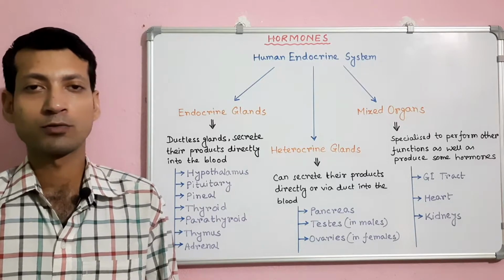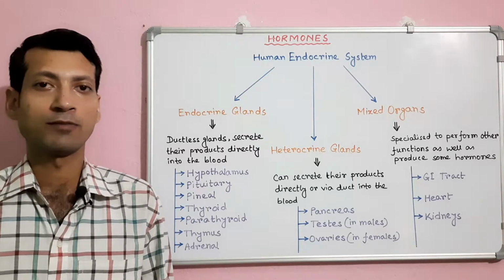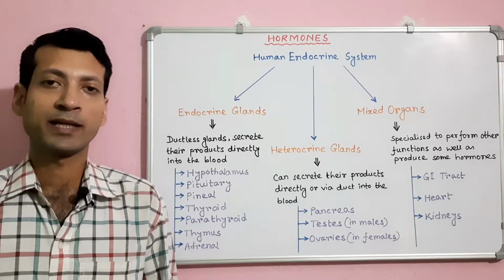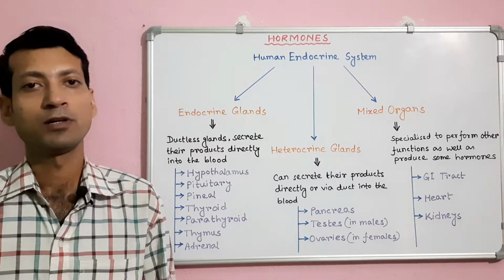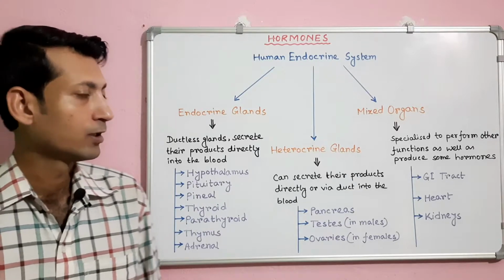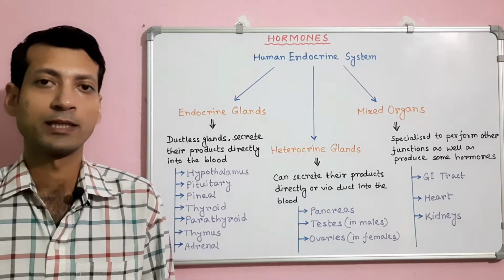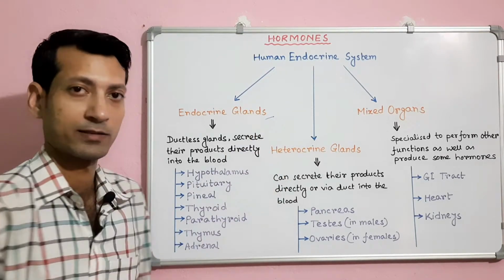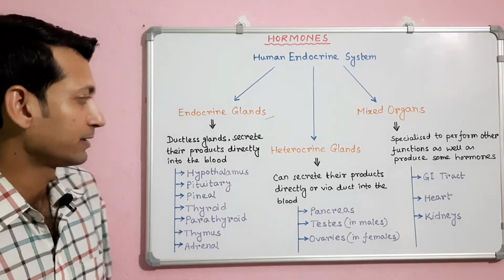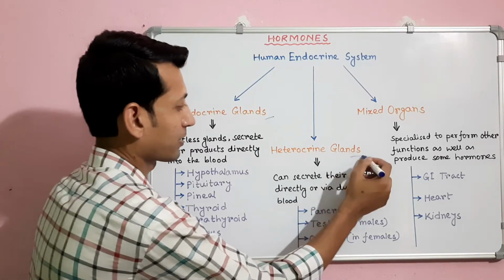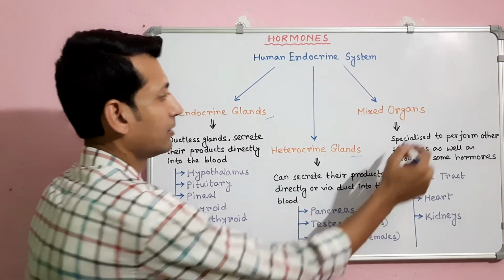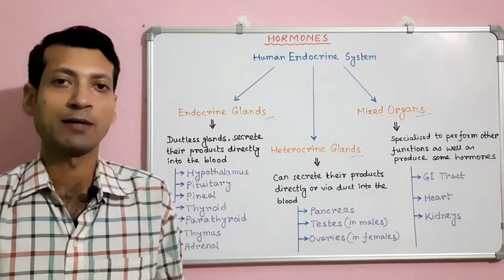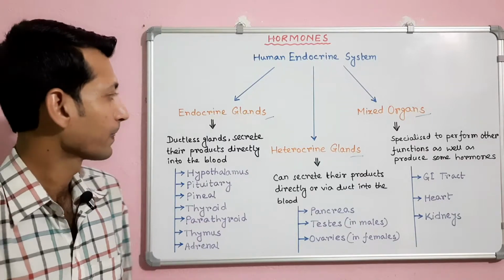Today I am going to discuss the list of hormones found in humans and the general mechanism of action of hormones. Most of the hormones in the human body are secreted from the endocrine glands, but there are some heterocrine glands and mixed organs which also produce some important hormones.